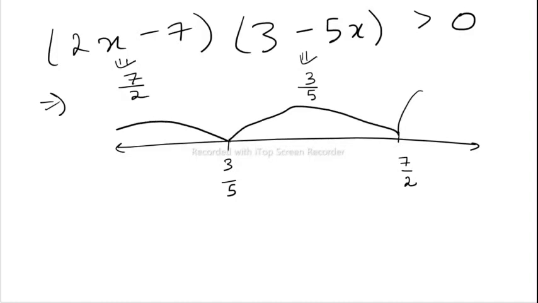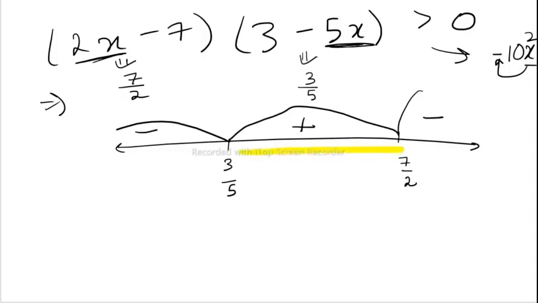Now see, if I multiply 2x with minus 5x, I get minus 10x square. The sign before x square is negative, so I start with negative, positive, negative. I am supposed to find the value more than 0, so I'll only take the positive region. So that means x belongs to (3 by 5, 7 by 2).